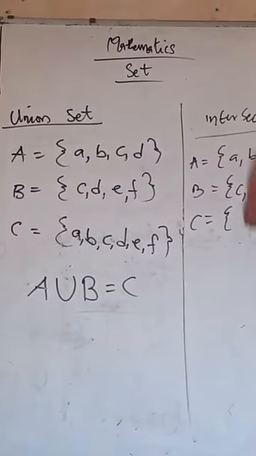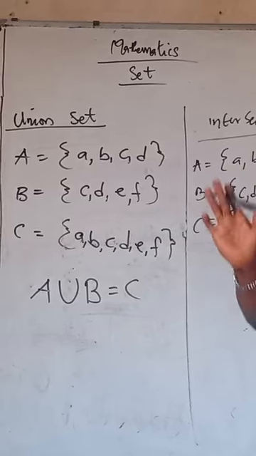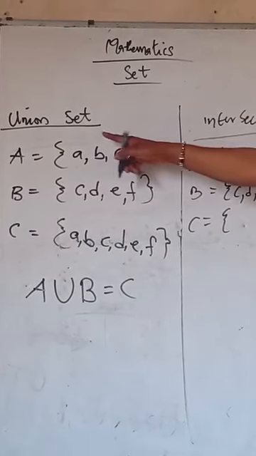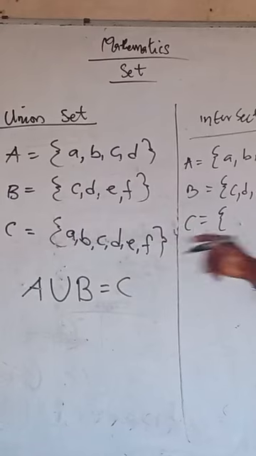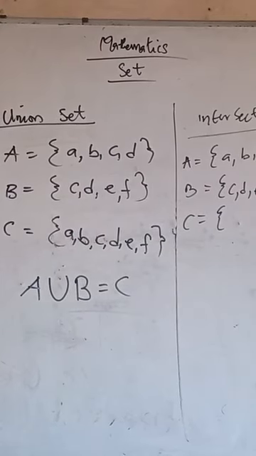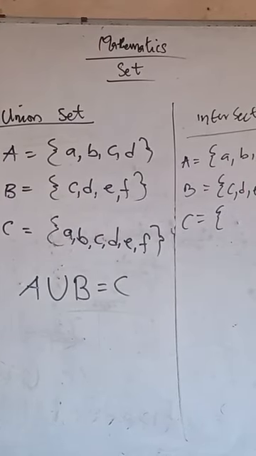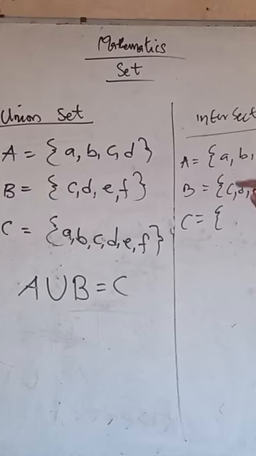The common thing you have in A and B is intersection. If union set is a continuation of A and B producing C, then intersection is the common element you have in A and in B.